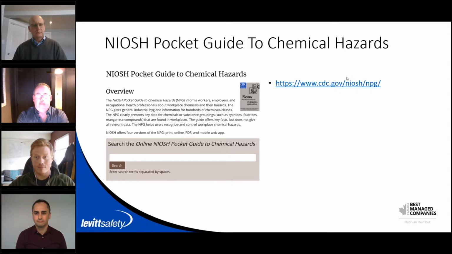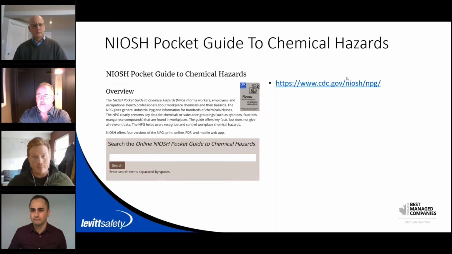And inside that document, again, there are roughly 10 elements that you should have in your program. And fit testing is definitely one of those elements. But hazard analysis is definitely a big part of a respiratory protection program. You need to understand what you have and how much of it you have. So identify it and quantify it are the big things that we need to recognize.